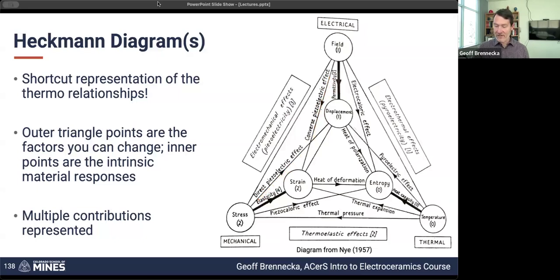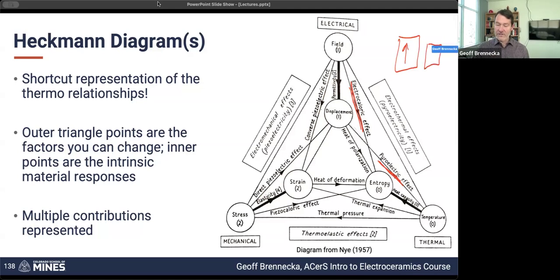So what about this side? We've got this thing called an electrocaloric effect, and we've also got pyroelectric. So when we talked about crystallography, I said that pyroelectricity is the amount that the magnitude of the polarization in a polar material changes as you change temperature. So again, we'll start with a tetragonal example.